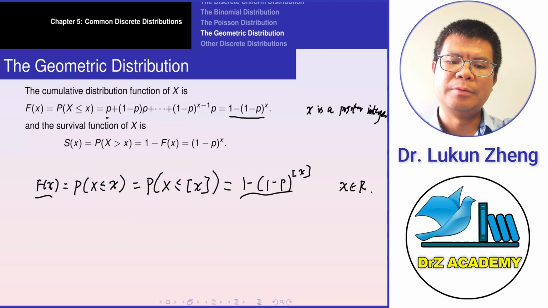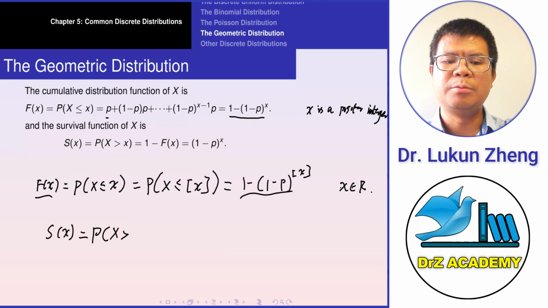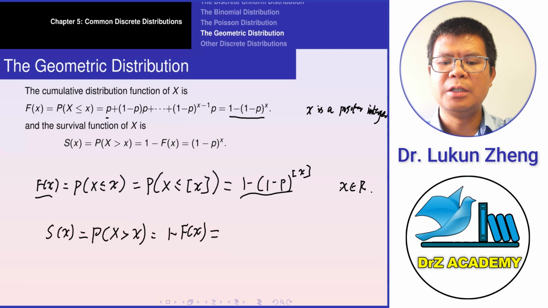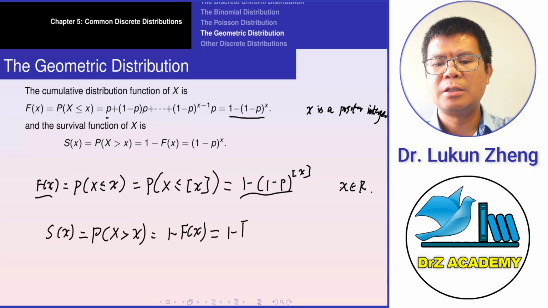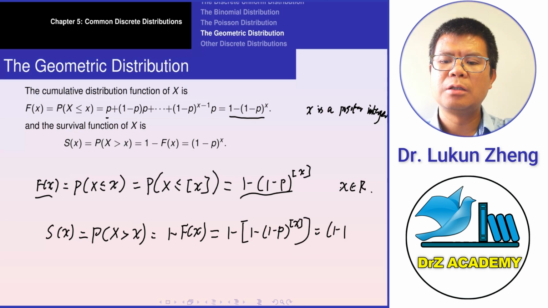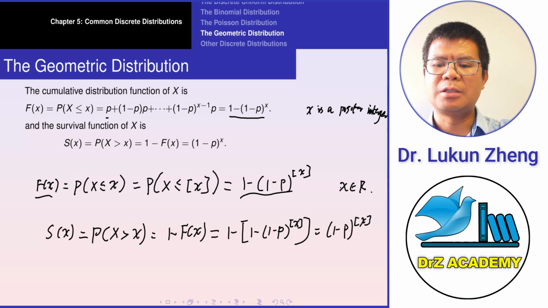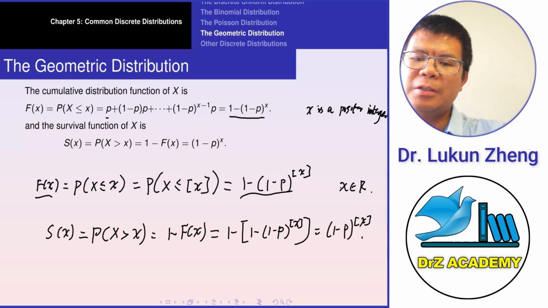Now the survival function is the probability that X is greater than x, which is 1 minus F of x, which equals (1 minus P) to the power x.